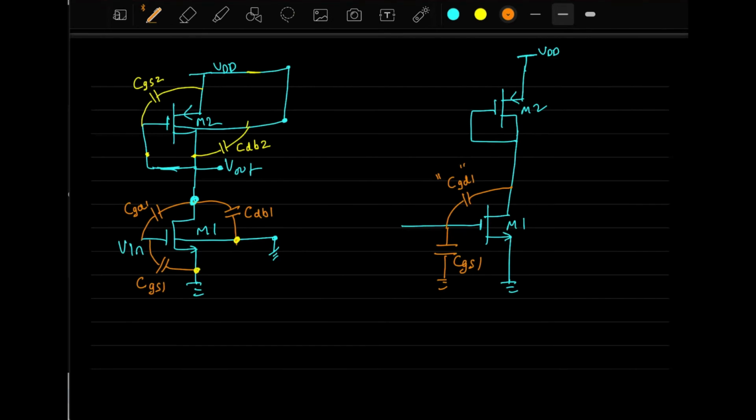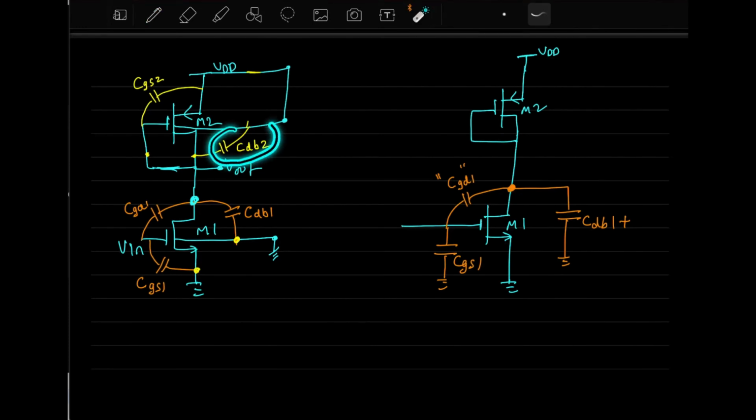And now if I want to write the capacitance at this point, what will that be? One is CDB1. Can I write any other capacitance here? You remember that we have this capacitor also, right?